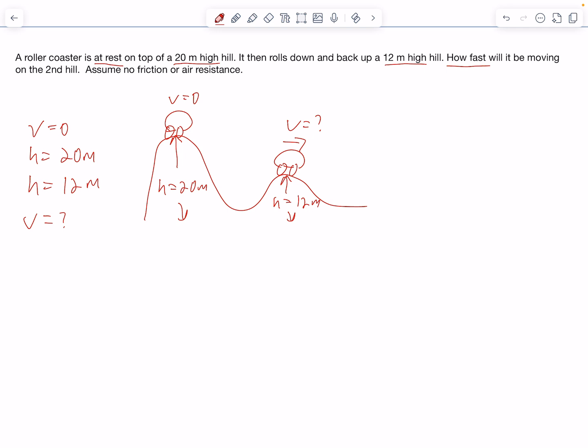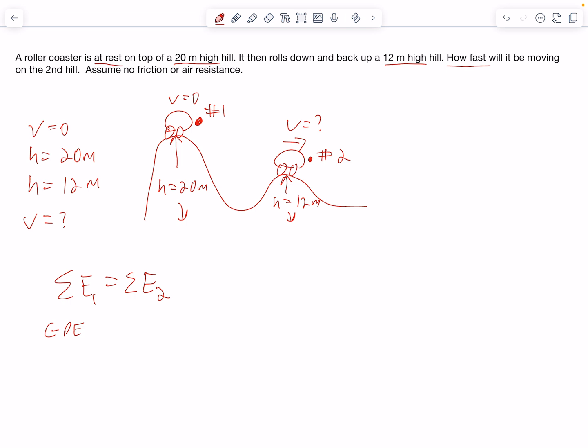All right, so once again, I don't see an equation, but I do see that I'm starting at this point and I'm ending at this point, so I can compare those 2 points, point 1 and point 2. So I'm going to use this equation again. I'm comparing the energy between 2 points. All right, hill number 1, I have a height, so I have a potential energy, but it is not moving.